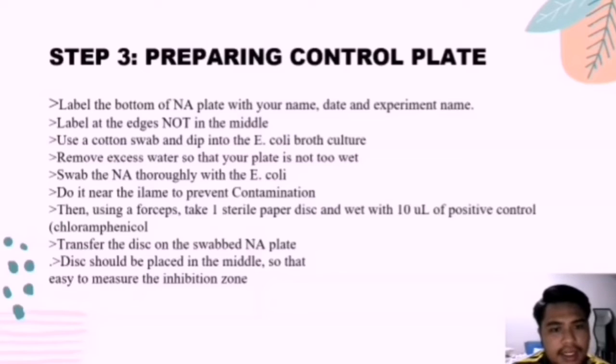Do it near the flame to prevent contamination. Then, using forceps, take one sterile paper disk and wet with 10 microliters of positive control, chloramphenicol. After that, transfer the disk onto the swabbed agar plate. It should be placed in the middle so that it is easy to measure the inhibition zone.